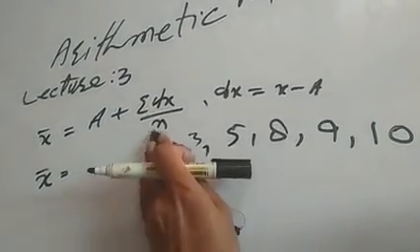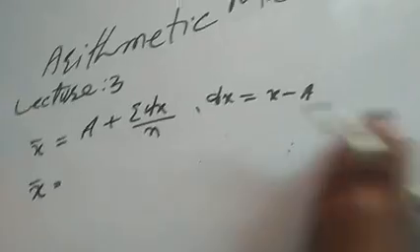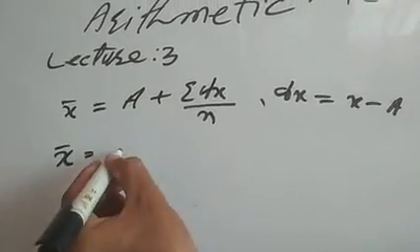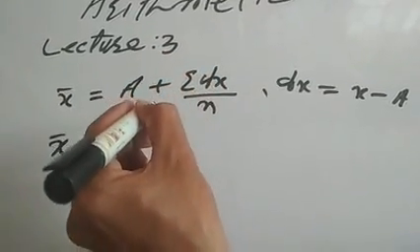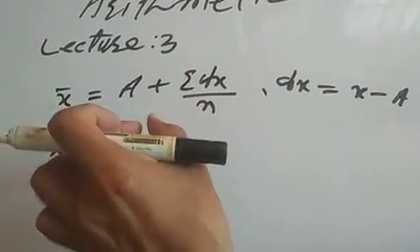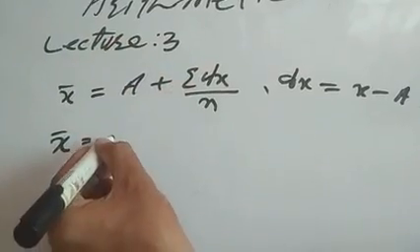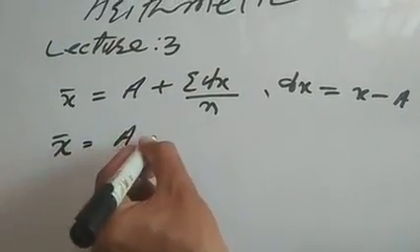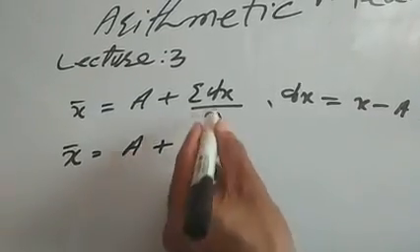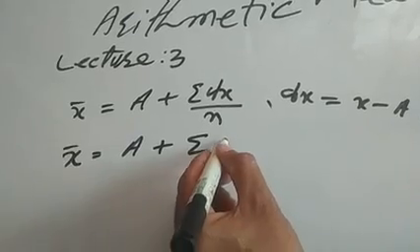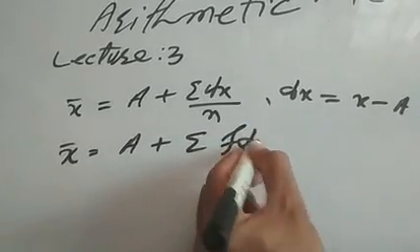Now if you want to use the assumed mean in case of discrete or continuous series, you have to adjust this formula a bit, because in discrete or continuous series there is also frequency. So x bar equals a plus summation f dx, instead of dx.